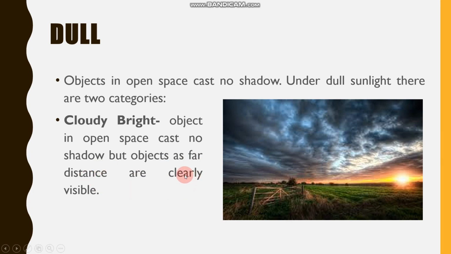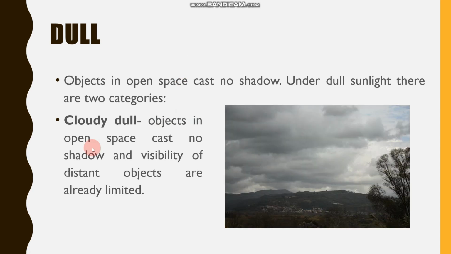Present pa rin naman yung light that is coming from the sunlight, but covered lang talaga ng makapal na ulap yung langit. Kaya naman kahit merong liwanag pa rin, walang shadow na napoproduce. Kaya naman lower contrast din yung meron tayo kapag nag-take ng photograph. Dito kay cloudy dull, there is no shadow and the visibility of distant objects are already limited.